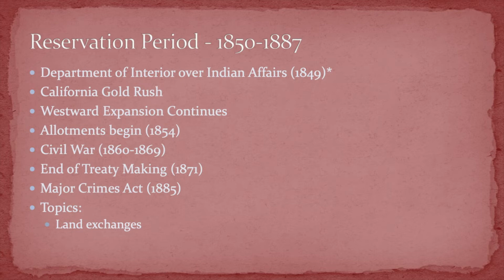Because now, remember in Johnson v. McIntosh, if it's tribal land, you have to go through the government. But now, if it's held in fee simple by an individual, you can now purchase that land individually, and it becomes private property, and it can become the private property of somebody who is non-Indian.